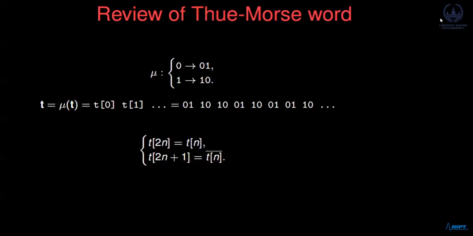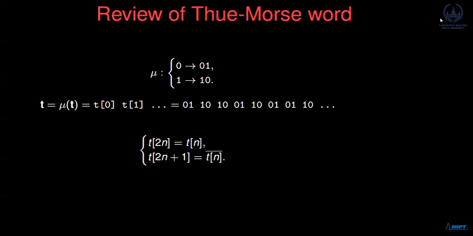Now let's review the Thue-Morse word, a well-known sequence in combinatorics on words that avoids repetition of any block of symbols. It's generated by repeatedly applying a simple substitution rule, denoted here by the function mu.